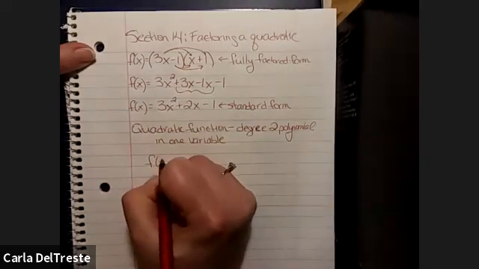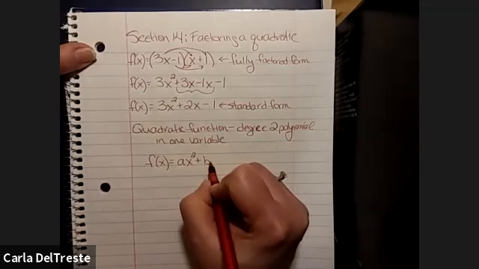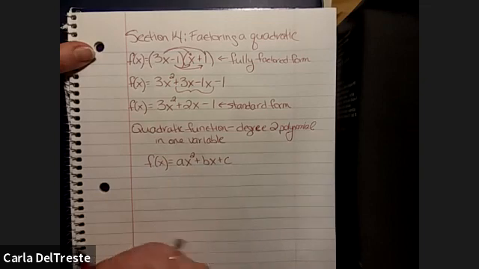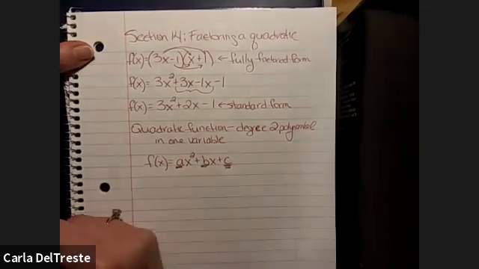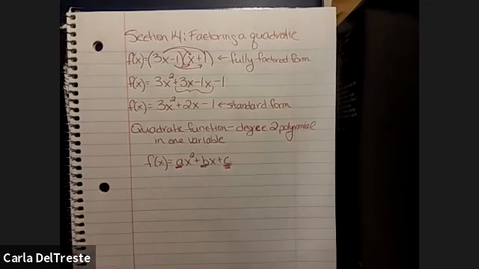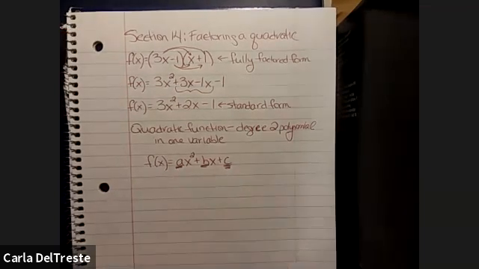Quadratics, in general form, can be written as ax squared plus bx plus c. And the values of a, b, and c are the pieces that we're going to be using as we do our factoring. So we need to be able to identify the a, b, and c going forward.